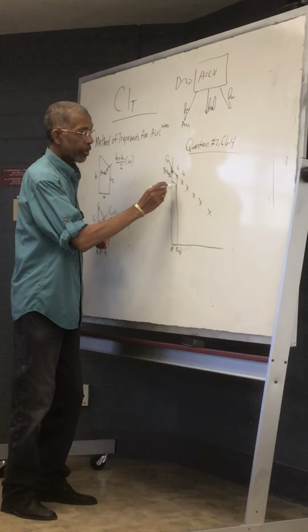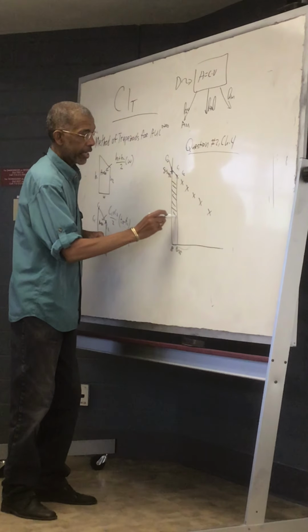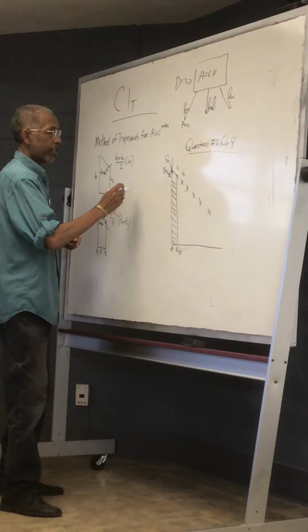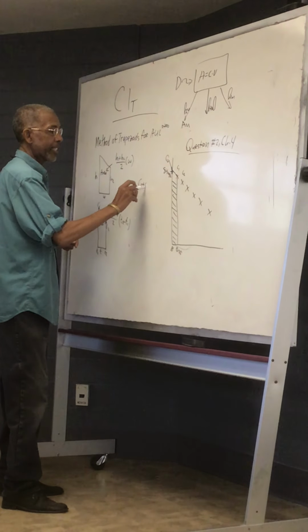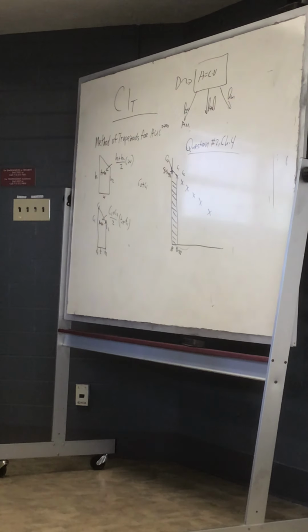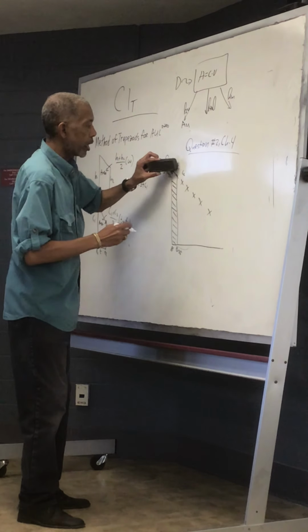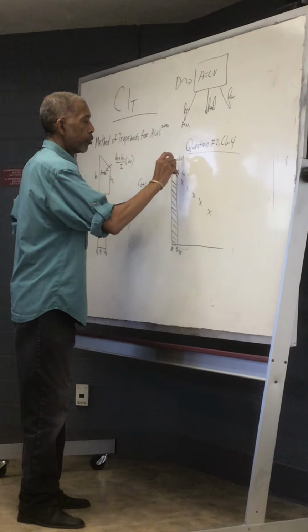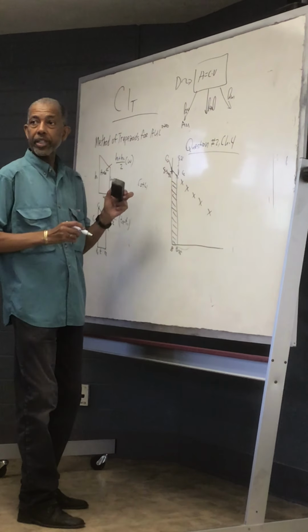So that trapezoid here has an area of C0 plus C1. Let's put the actual concentration in there. What was that? 8.21. No, that first one is 8.21. So C1 is 8.21 milligrams per liter, right?